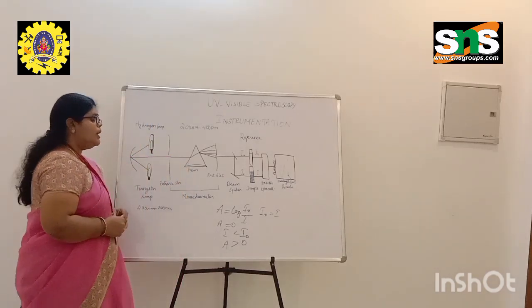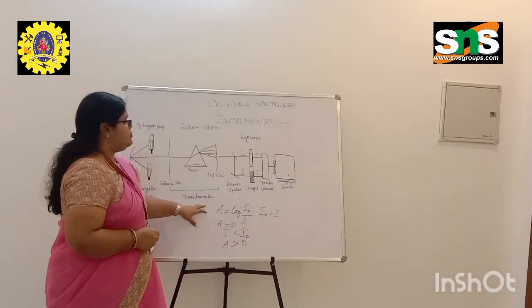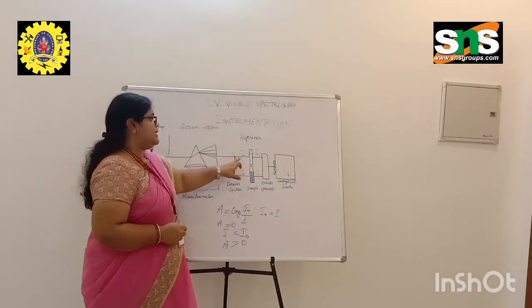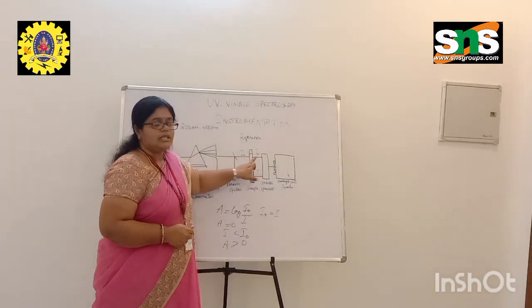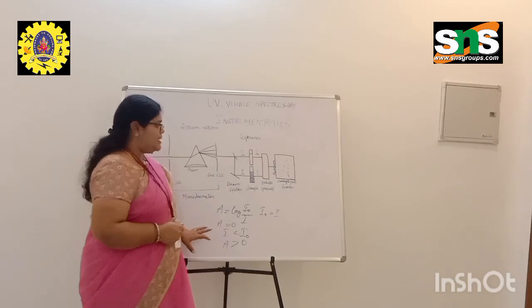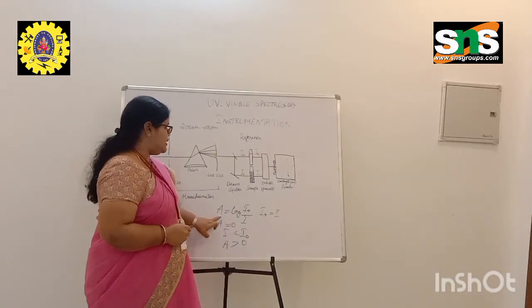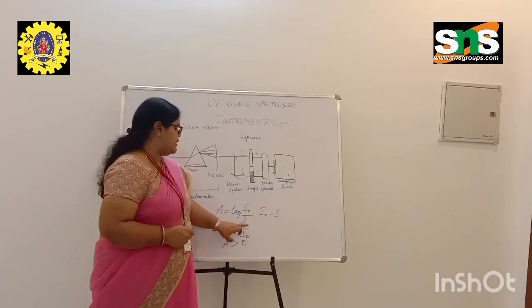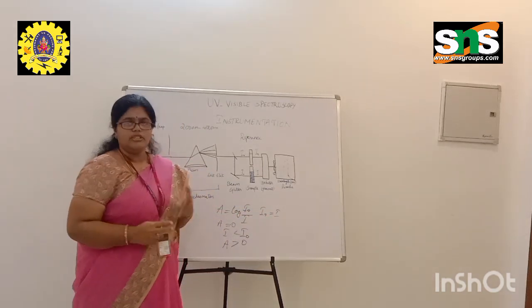Here in the sample and the reference, you have the intensity I naught and I naught coming out, so there is no difference in the intensity of light. If the sample does not absorb any intensity of light, then A is equal to log of I naught by I. So I naught will be equal to I and the absorbance will be equal to 0.